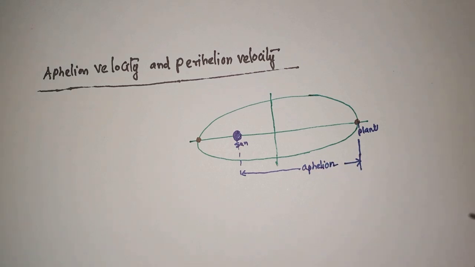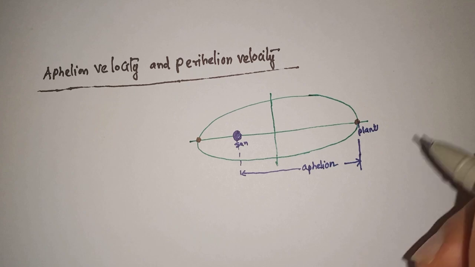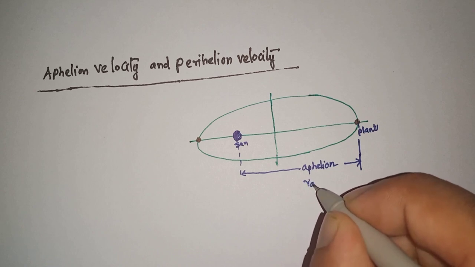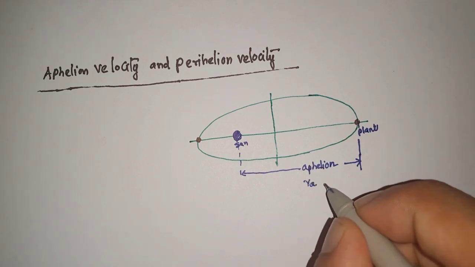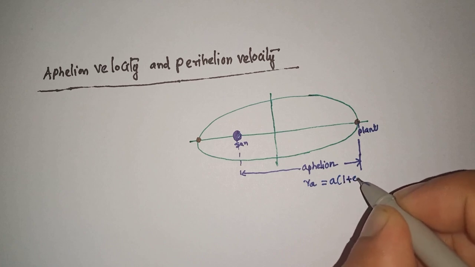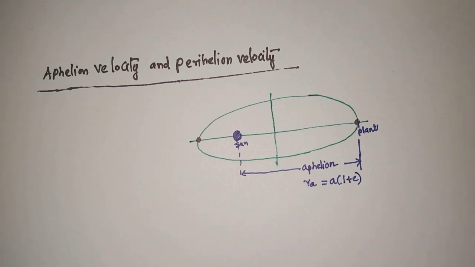You go with aphelion, you go with apoapsis, apocenter. So those things are there. It is denoted normally by r suffix a, which is also given by a into 1 plus e. If you see from the elliptical geometry, it is perfectly clear, is it not?